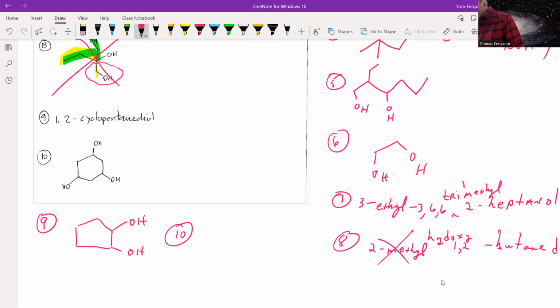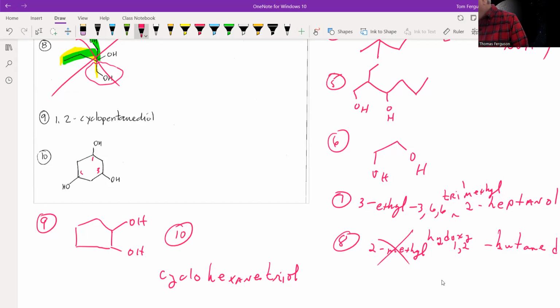Okay, we have 3 hydroxyl groups, so that'd be a triol, and they would be on carbons 1, 2, 3, 4, 5. So it'd be a 1,3,5-cyclohexane triol.